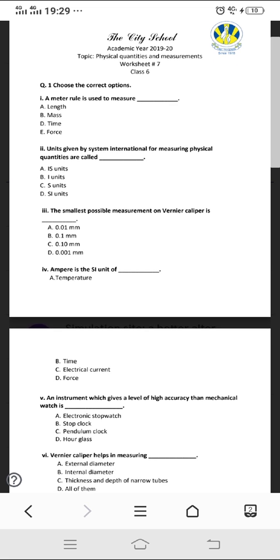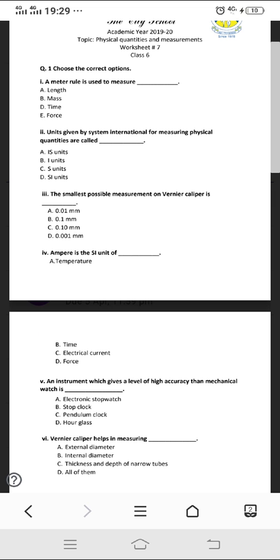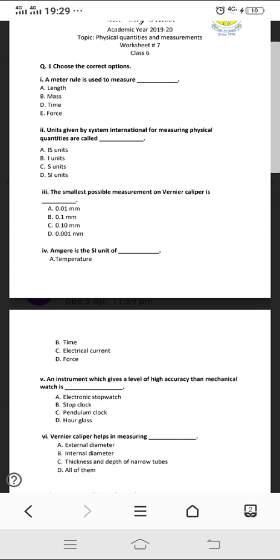The smallest possible measurement on a vernier caliper is, okay, in your book it says that for the vernier scale you use 0.01 centimeter. So 0.01 centimeter is the smallest measurement, but that's in centimeter, whereas the options over here are given in millimeter.